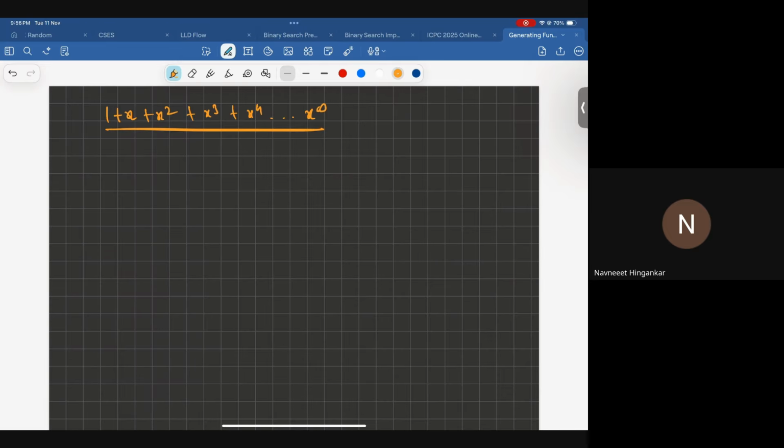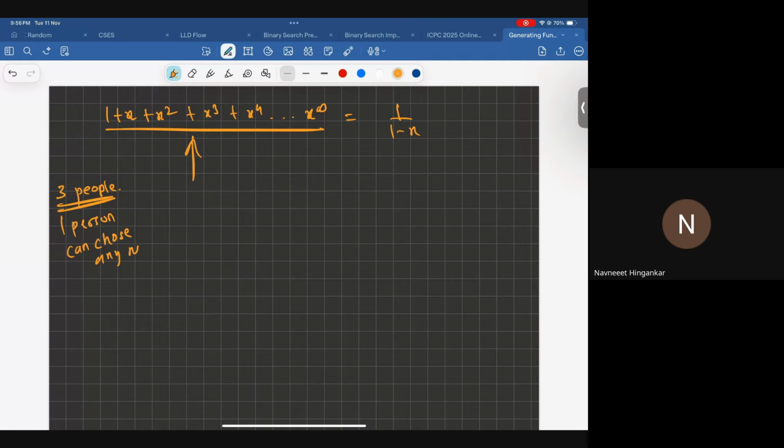So it just means that we can write this as 1 upon 1 minus x. What's the physical significance of it? It means that I can choose any number. Let's say I have three people, or any kind, and one person can choose any number.